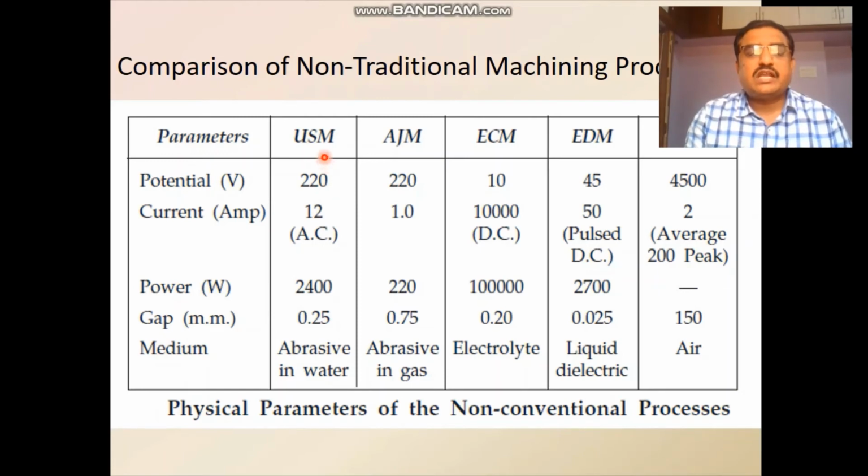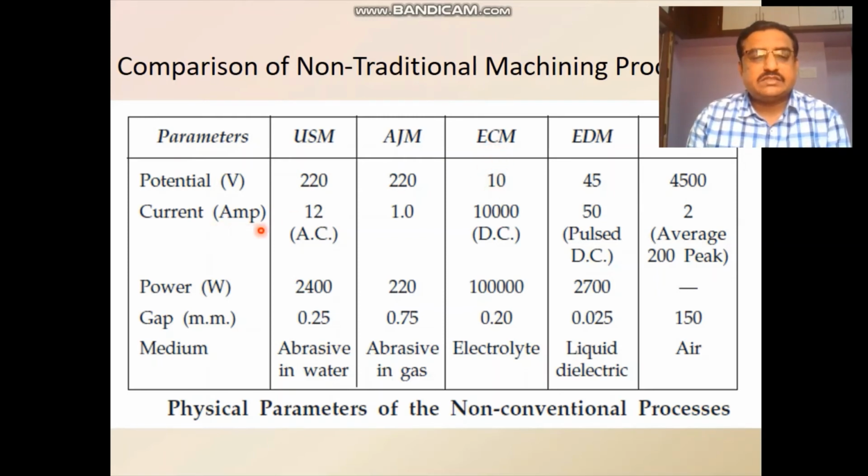The processes are ultrasonic machining, abrasive jet machining, electrochemical machining, electric discharge machining, and laser beam machining. Compared to all these processes, the voltage required is very high in laser beam machining, whereas very low voltage, up to 10 volt, is used in electrochemical machining.